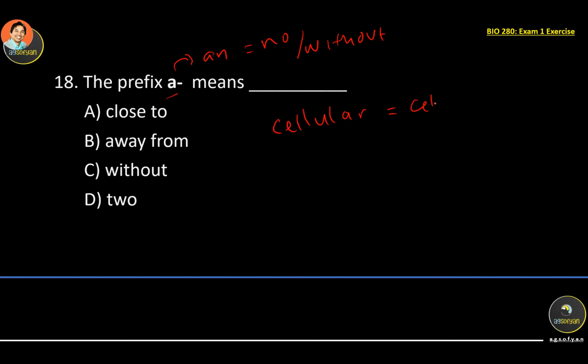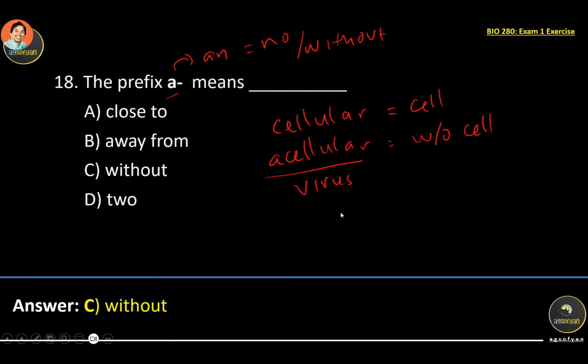Cellular means cell. So acellular means without cell. For example, virus, they are acellular. Virus do not have cell. This means without or no.